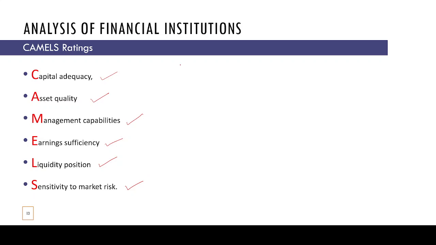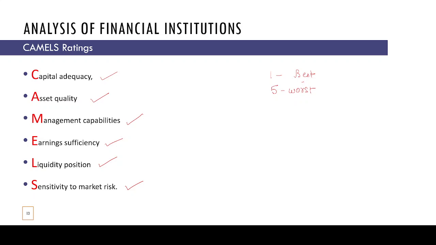Now, an analyst who uses the CAMELS approach to examine a bank undertakes analysis, and he assigns a numerical rating of 1 through 5 to each of these six components. A rating of 1 is best, and a rating of 5 is worst, right? So a rating of 1 is the best rating.